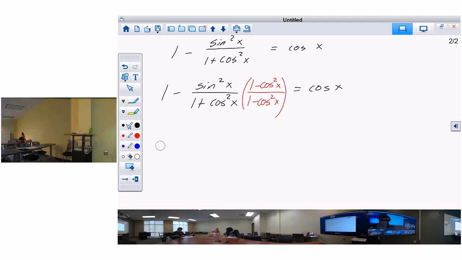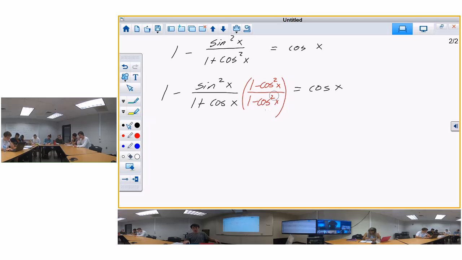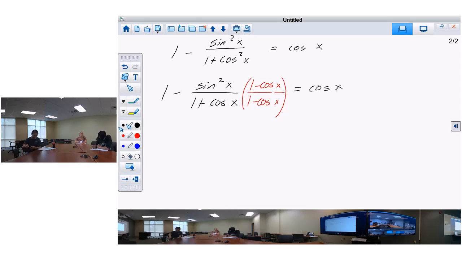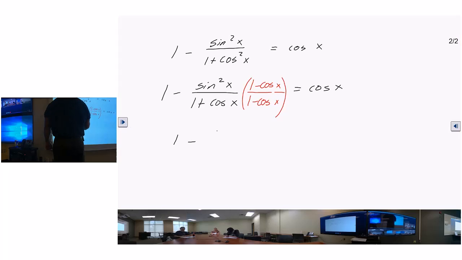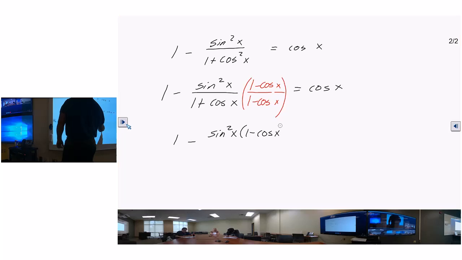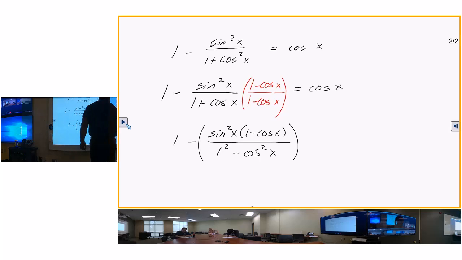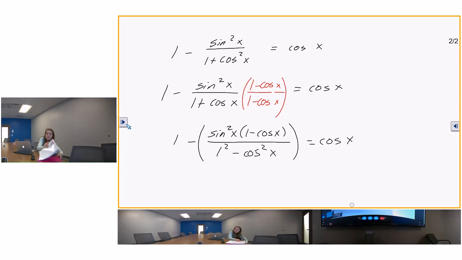You did. There you go. That will give you 1 minus sine squared x times 1 minus cosine of x, over, I'm going to put that in parentheses, over 1 squared minus cosine squared x. Okay, finish it.